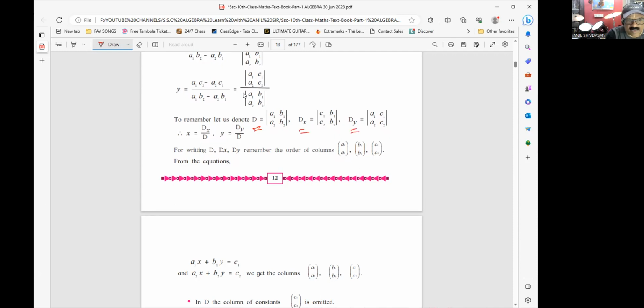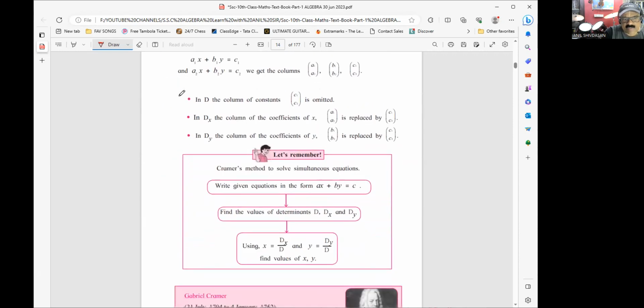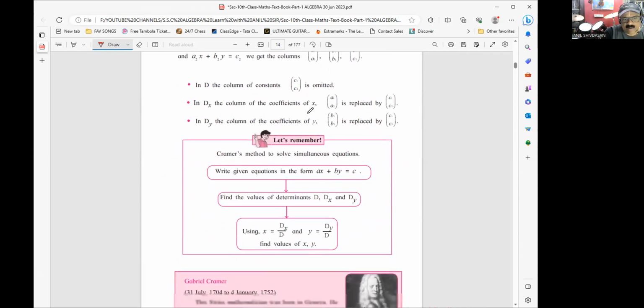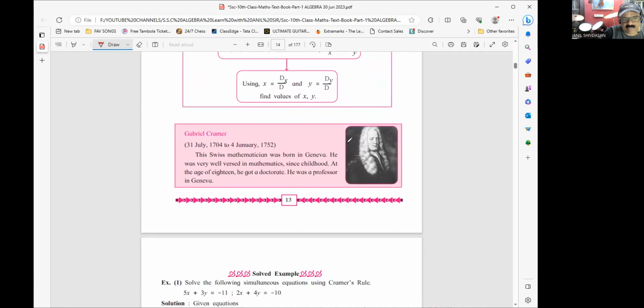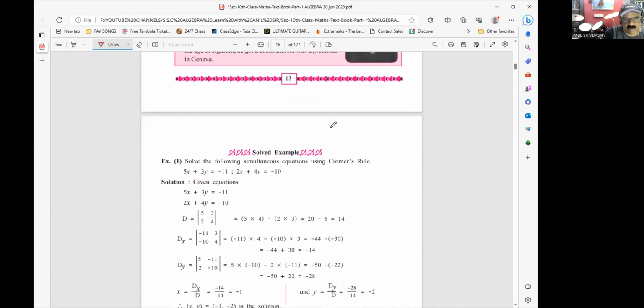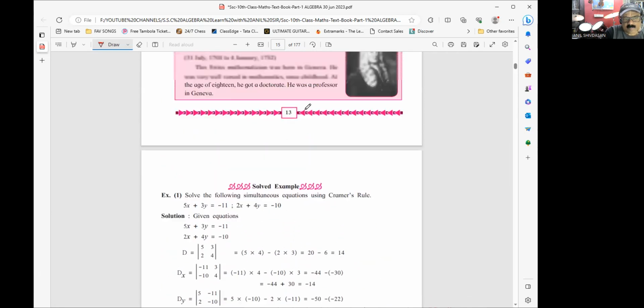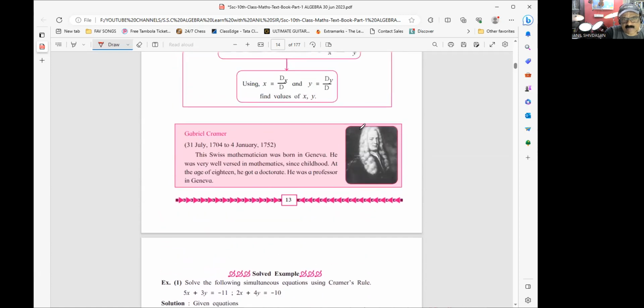And finally x is equal to Dx upon D and y equal to Dy upon D. Remember the order of the columns. This is the order in which you have to proceed. So now we will take an example and solve it. This is the Swiss mathematician, his name is Gabriel Cramer.